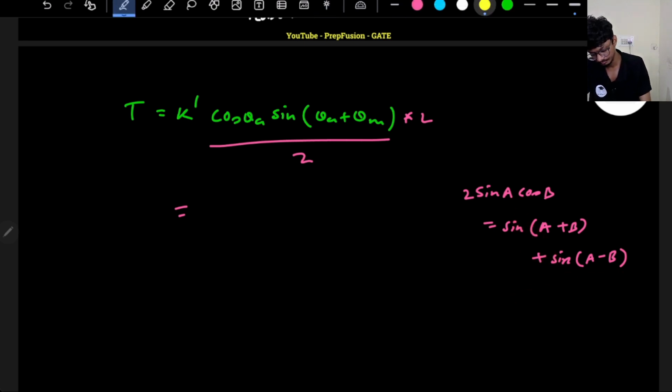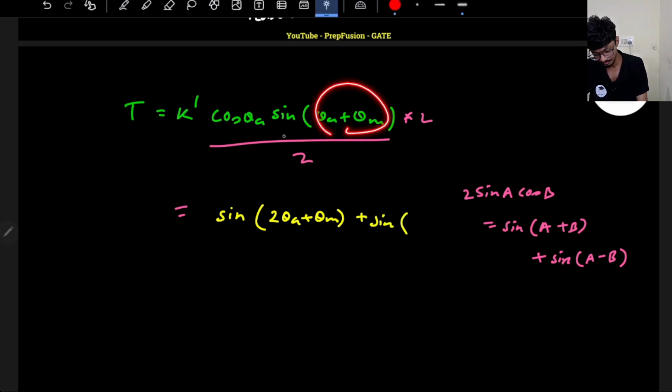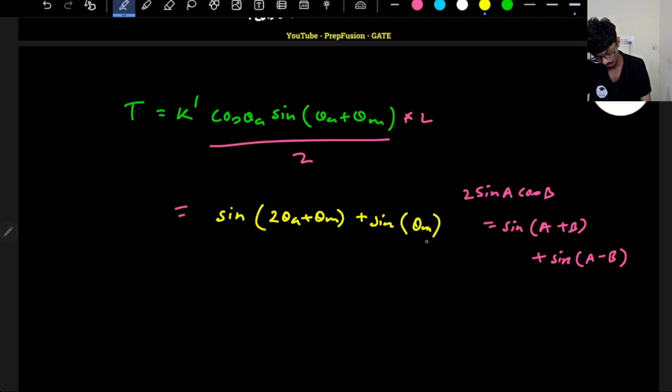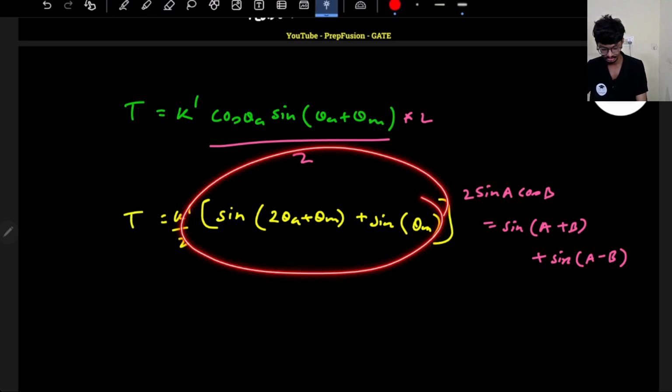So this will be sin of 2 theta A plus theta M, plus sin of A minus B, which will be theta M only. Again this 2, all these things are constant, so this will be K dash divided by 2, which I don't really care. It is just a constant. Torque is equal to this value. Now I have to maximize this. Remember, this is fixed.